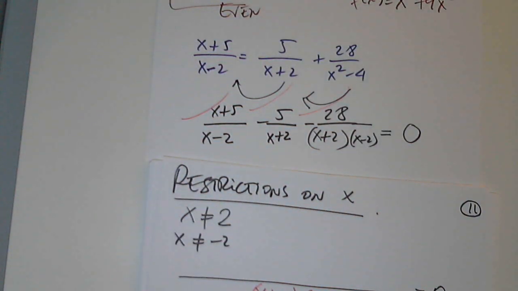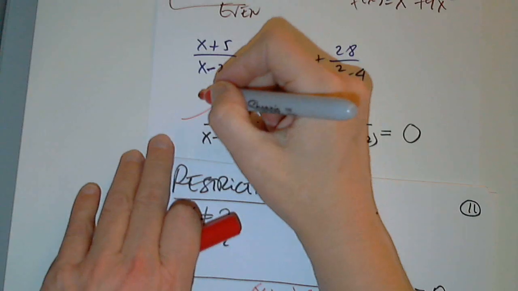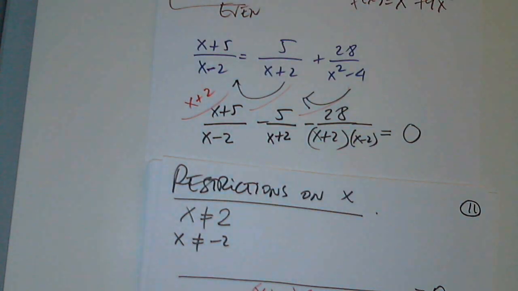The numerator of the first fraction has to be multiplied by exactly the same quantity that the denominator was multiplied by to get this. What did I multiply this denominator by to get this? X plus 2. I have to do the same thing to the top. This is a note to myself. It's not a fraction line.